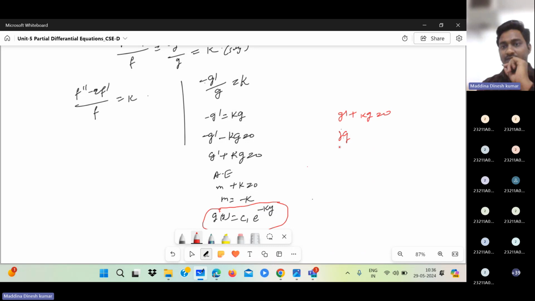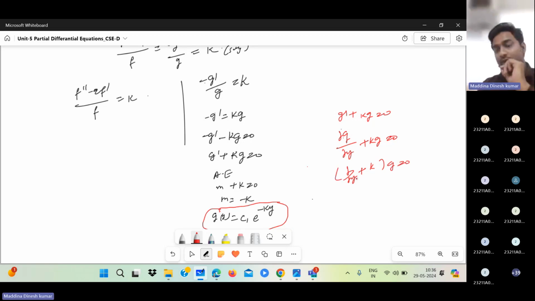That means g dash means del g by del y, plus kg equal to 0. Taking g outside, del by del y plus k into g equal to 0.